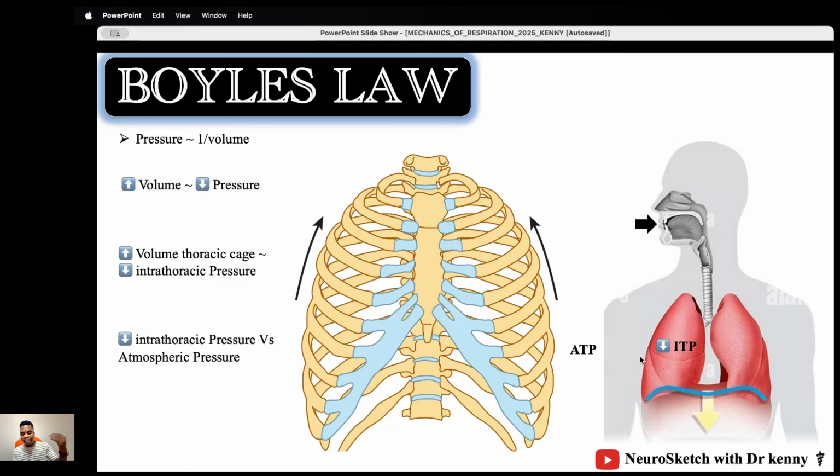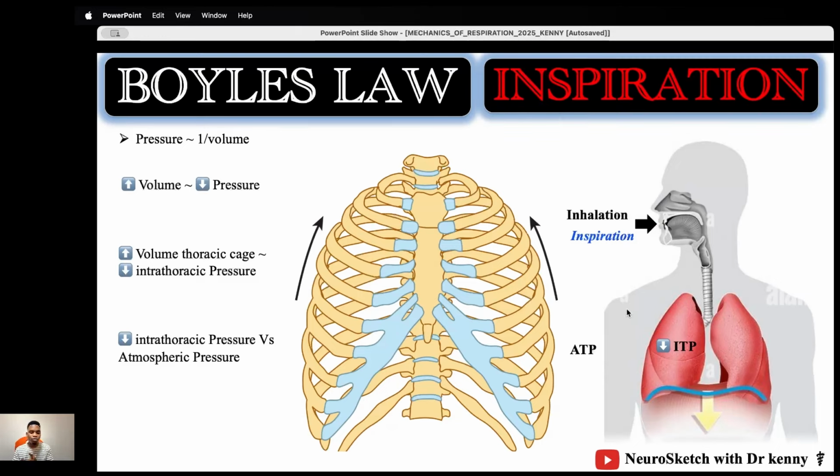It creates a negative pressure gradient, and so the air goes in, as in inhalation. So whenever you have an increase in the volume of the thoracic cavity, you will have inspiration, because pressure will be lower than atmospheric pressure, and that's according to Boyle's law. That's how inspiration is achieved.